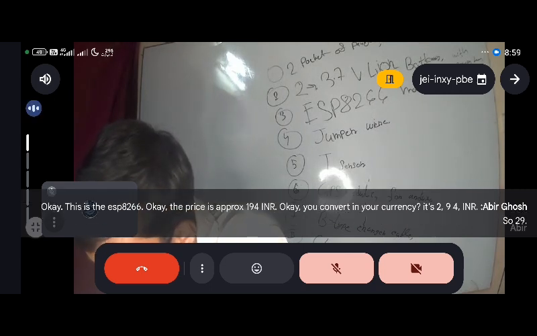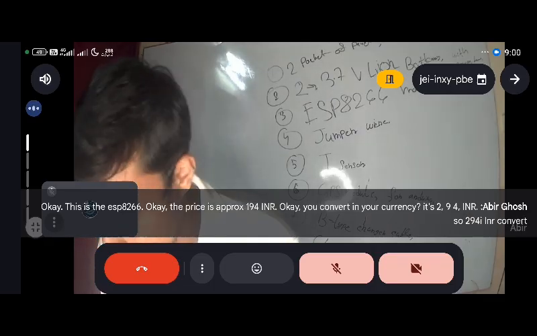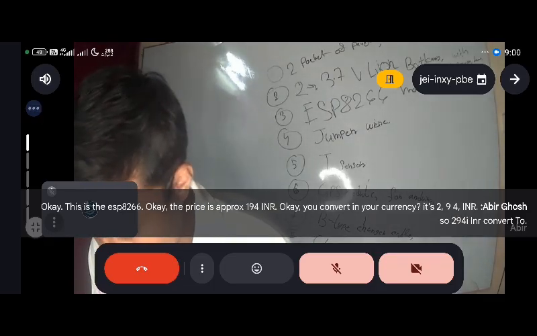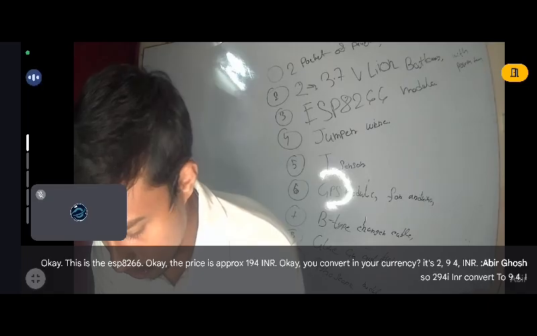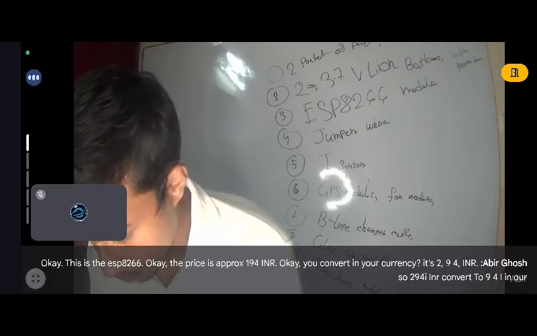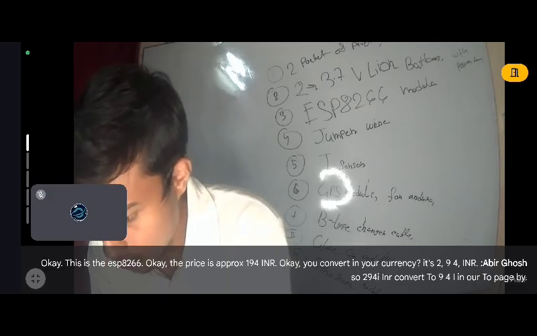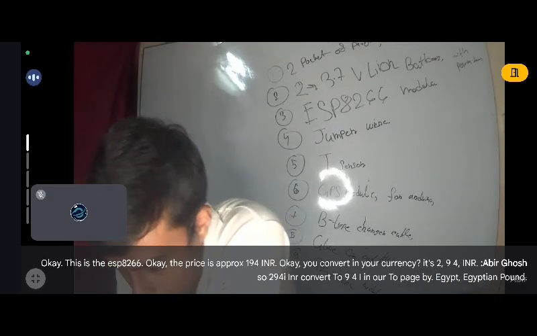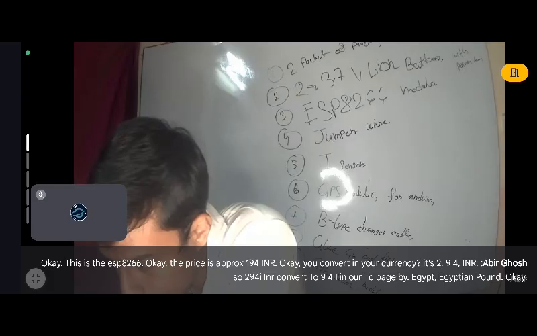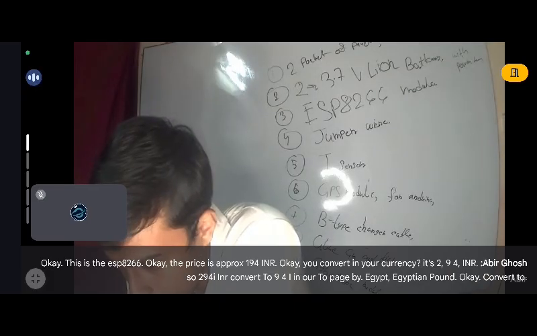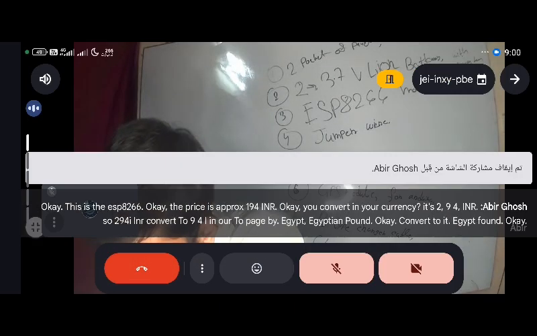So convert 294 INR to Egyptian pound. Okay, just wait.